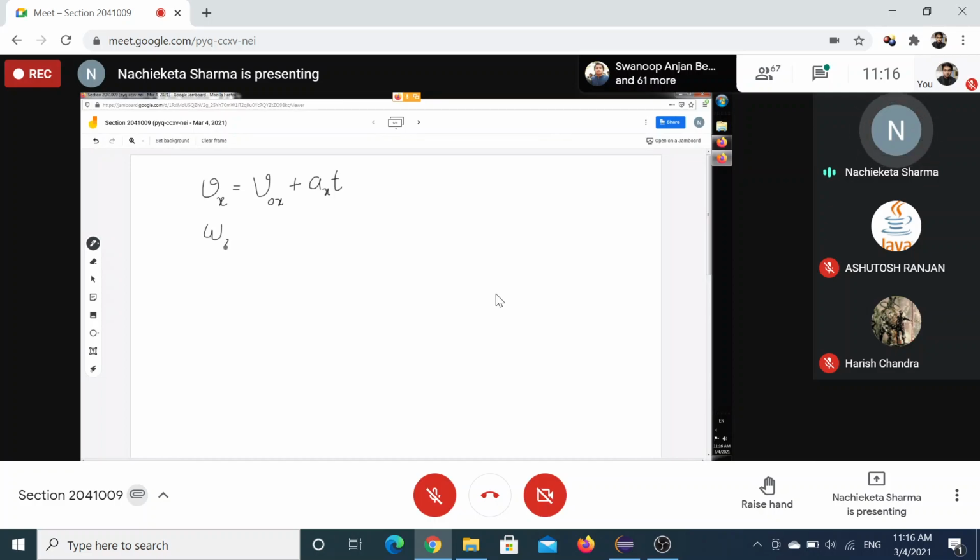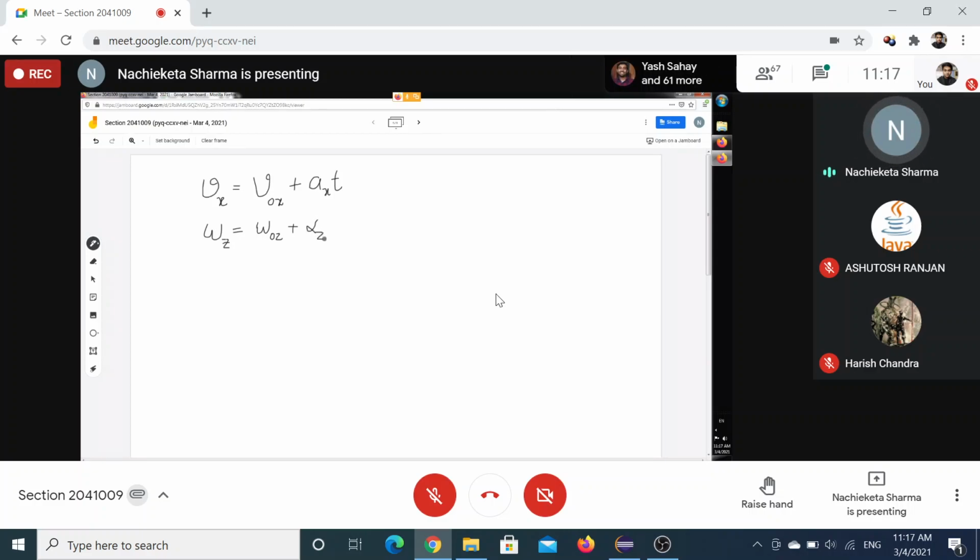Z is the axis about which the body is rotating. By default we will take z as the axis of rotation. So omega naught z is the initial angular velocity, and then plus alpha zt.